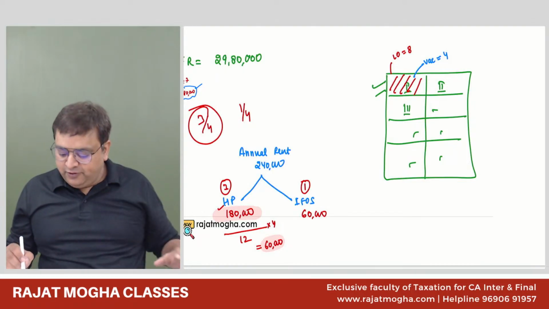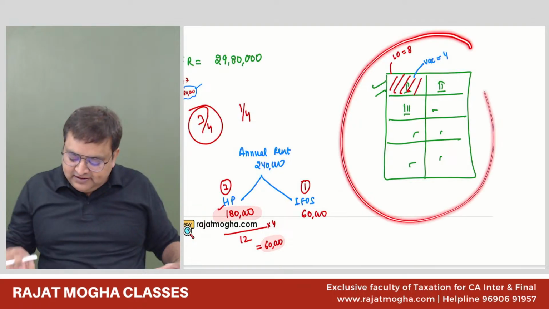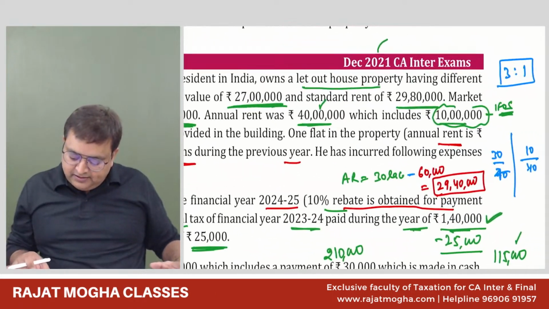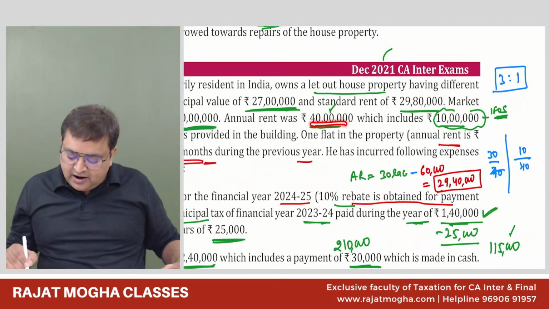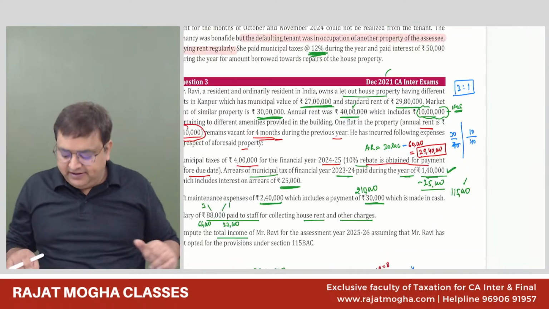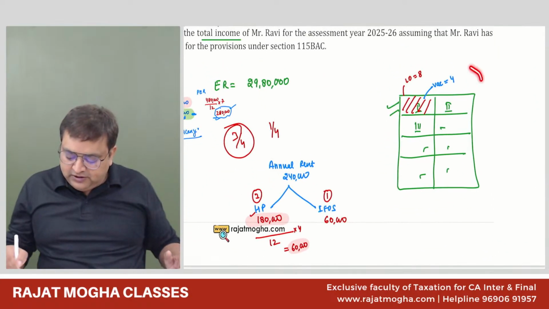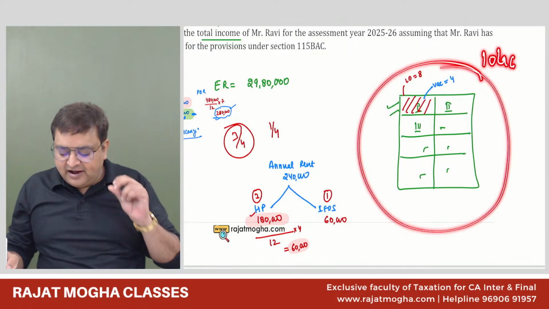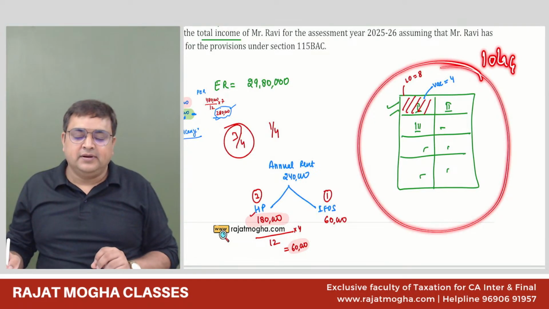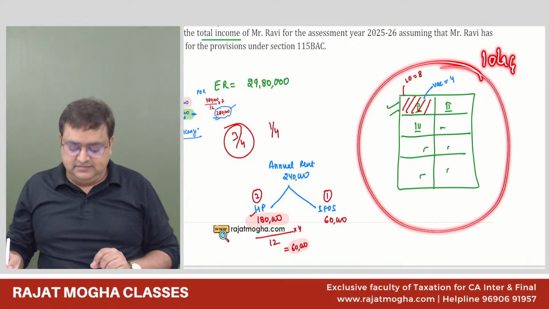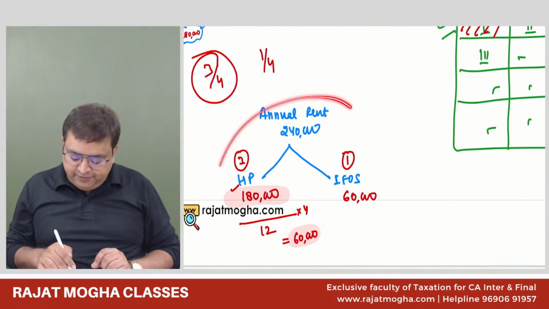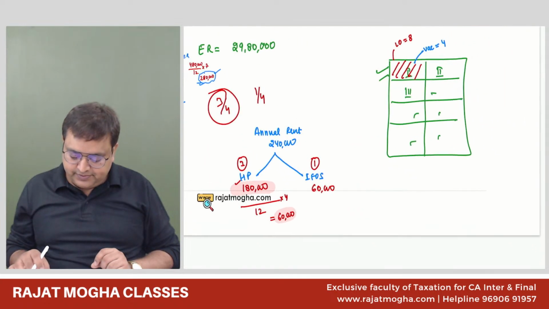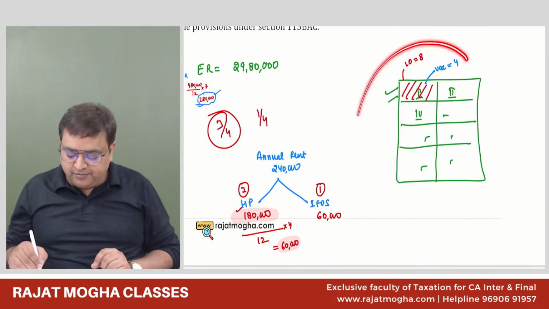See, what they were saying, that annual rent was 40 lakh, out of which 10 lakh is for the amenities. Is there any bad debt out of it? Try to calculate for me.